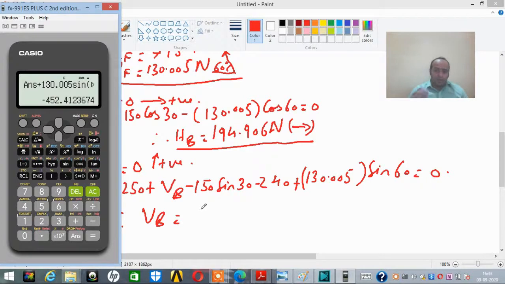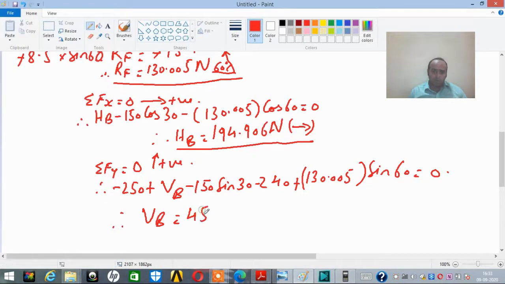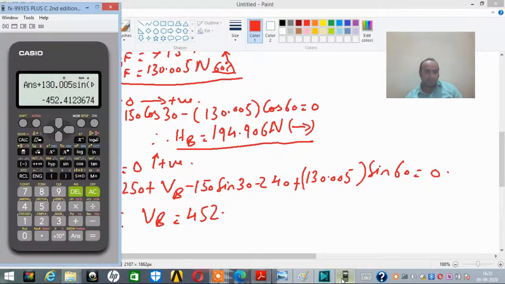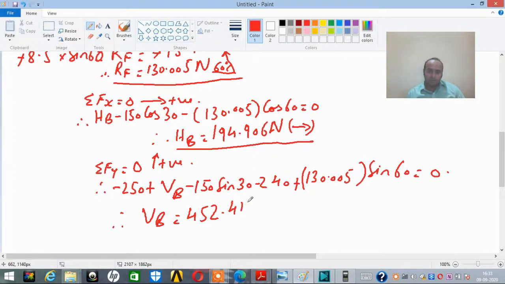So the value again is coming out to be minus, so it will actually be on the other side, so it will be plus 452.412 Newton acting in upward sense.